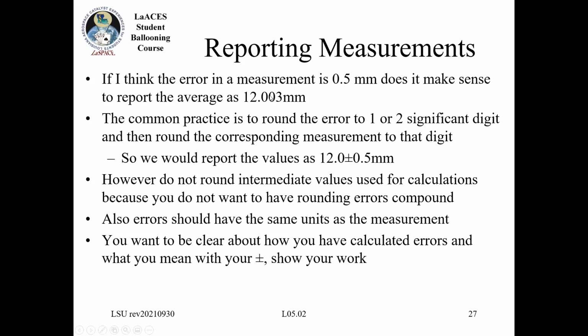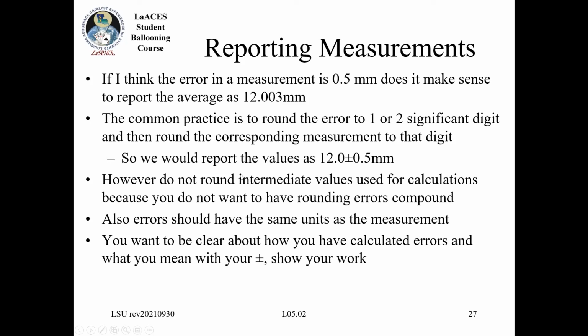So these other two decimal places are much smaller than my uncertainty, and I can't even really be sure about it. So usually the practice is you round your error to a single significant digit or maybe 2 significant digits, and then I round the measurement to whatever that largest decimal place is.